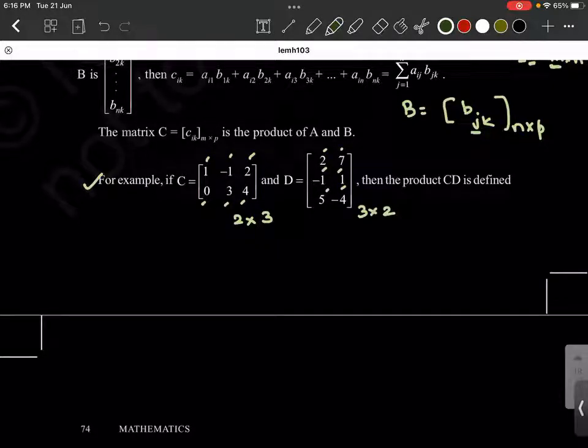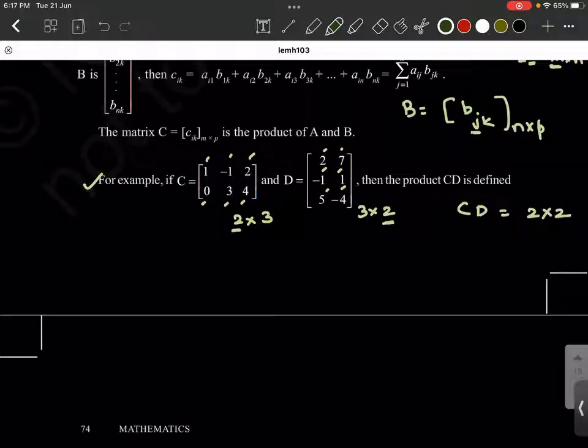Then what will be the order of the output matrix CD? Yeah, m cross p only. So here it should be of the order 2 cross 2.